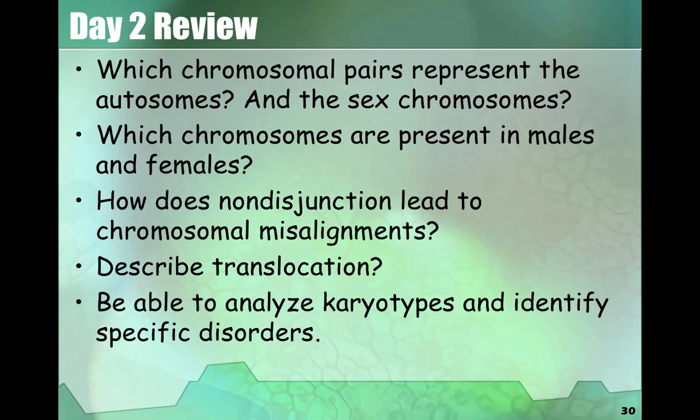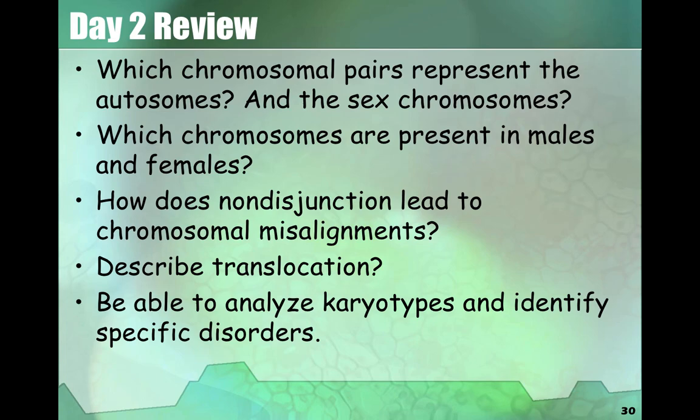All right, and so that's all of day 2. The biggest thing you're going to have to make sure that you know is how to read and analyze a karyotype. Also, be able to understand what non-disjunction causes and how non-disjunction causes that and when that takes place.